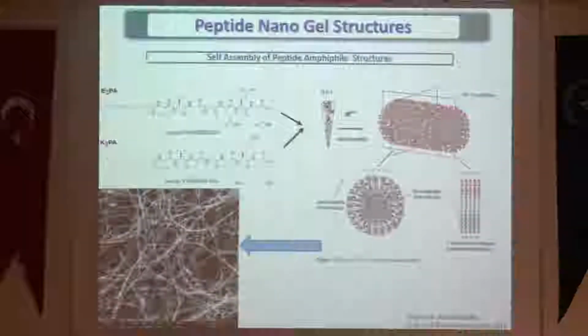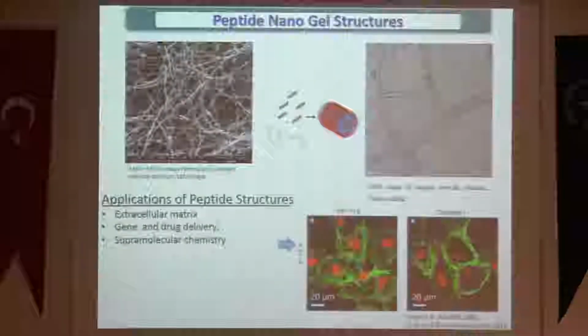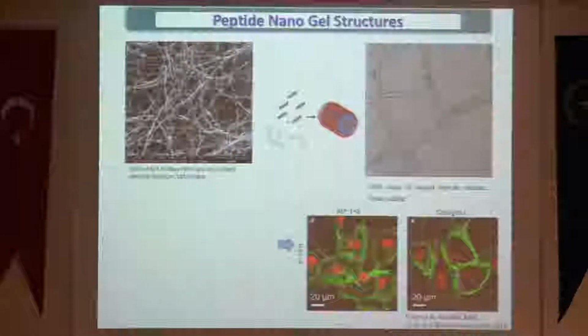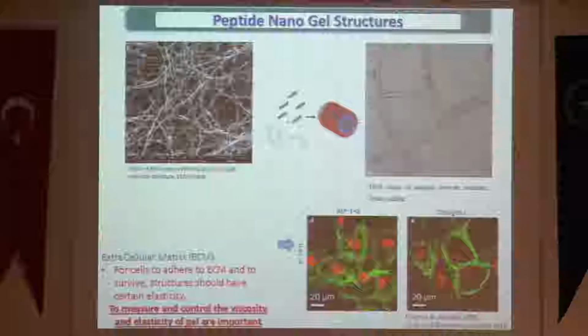Again, here is a polypeptide gel, and these are the cells that are attached to this matrix. You can make this with collagen, a natural biopolymer, or you can use this type of gel to breed your cells and do your drug delivery.